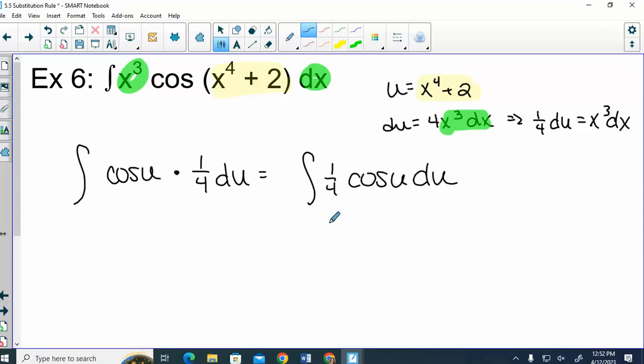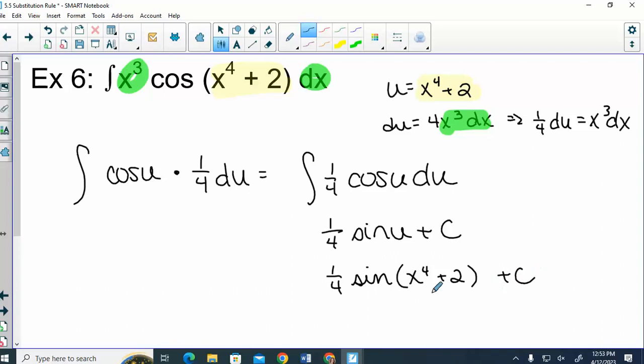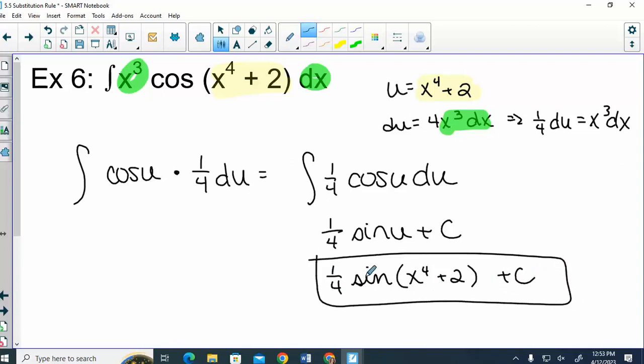Antiderivative of cosine? Let's see. 1/4 sine of x to the 4th plus 2, plus c.